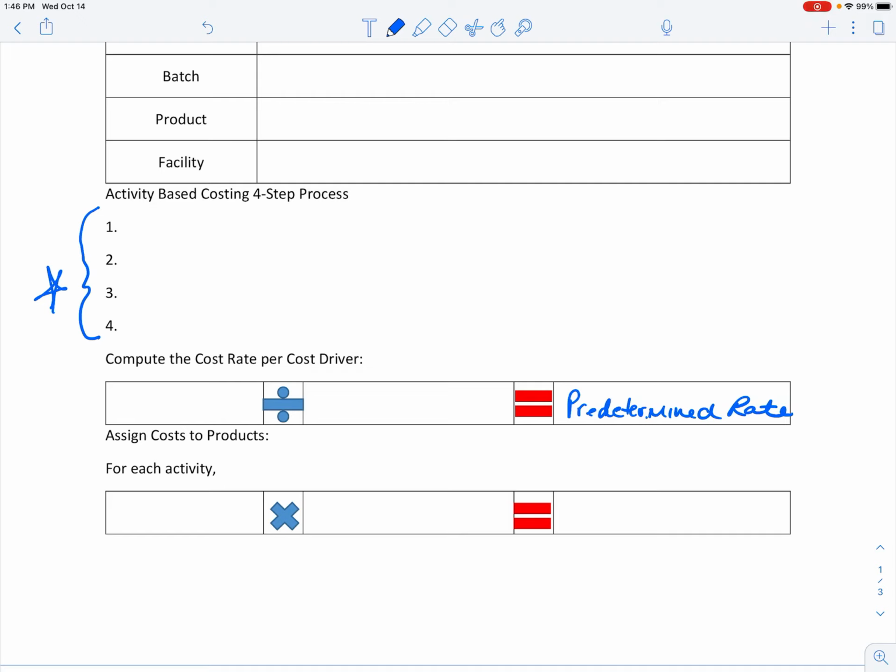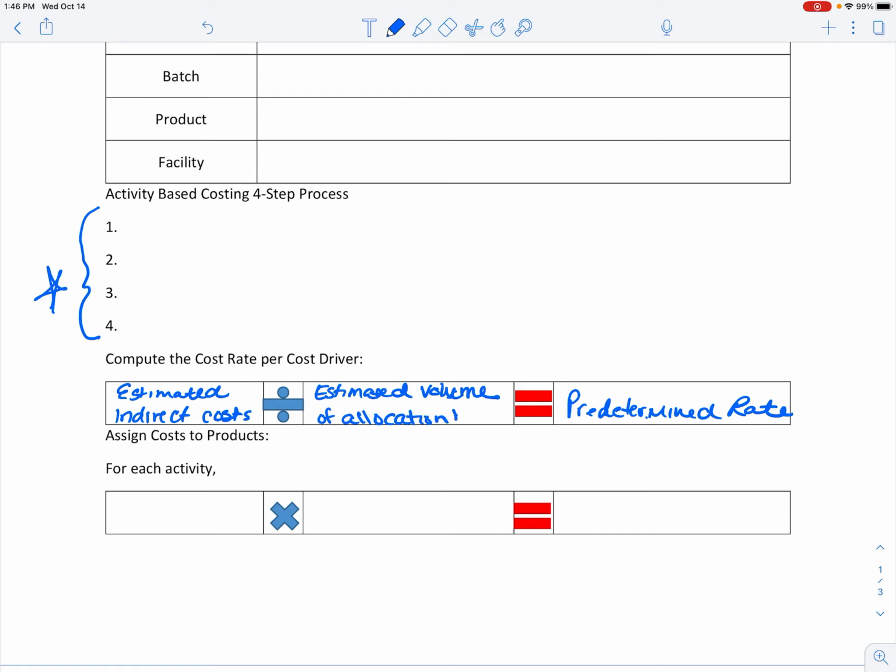We're going to take our estimated indirect cost, so those are your overhead costs, and divide that by our estimated volume of that allocation base.